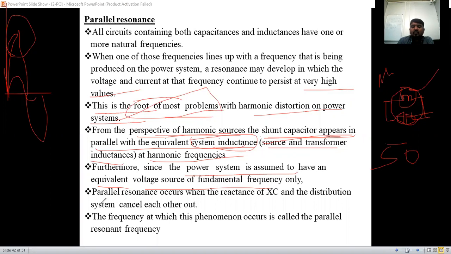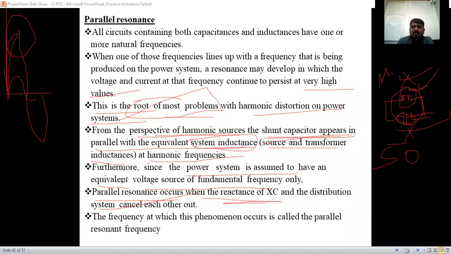So when these two become equal, parallel resonance will occur. On that condition, the reactance XC and the inductance of the distribution system, XL, cancel each other.